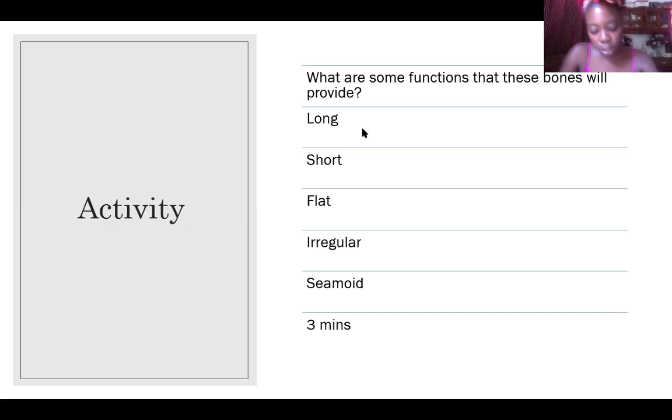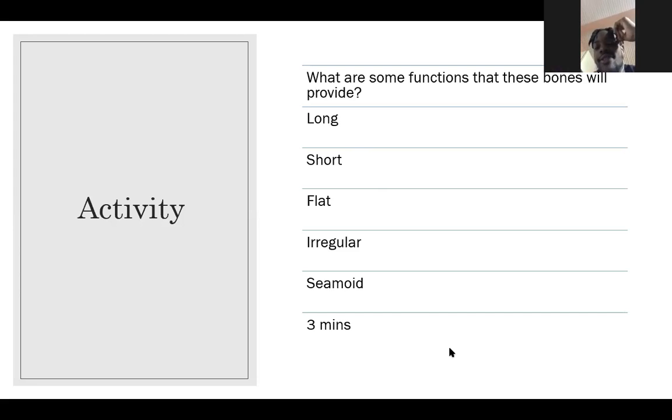Flat bones have a more protective function since they are found in your skull and your ribs. Irregular bones also protect, and your sesamoid bones are for flexibility and movement.